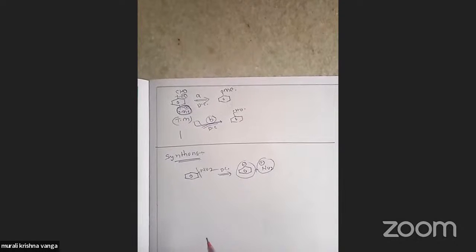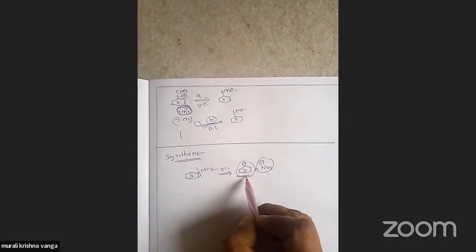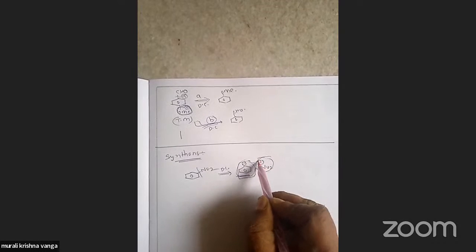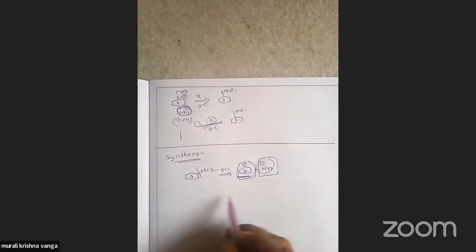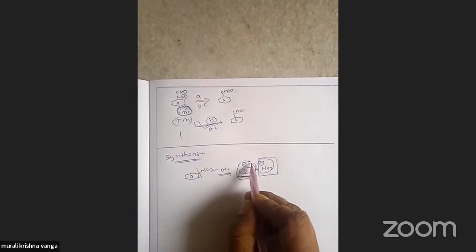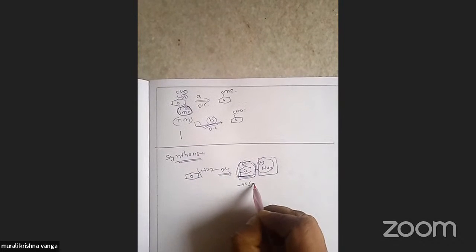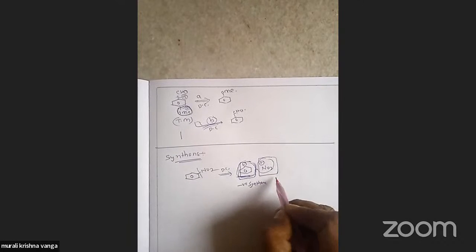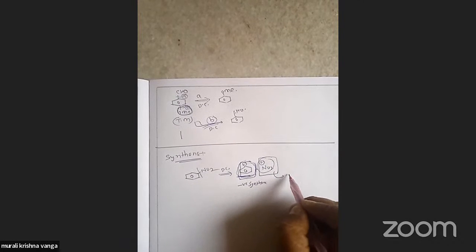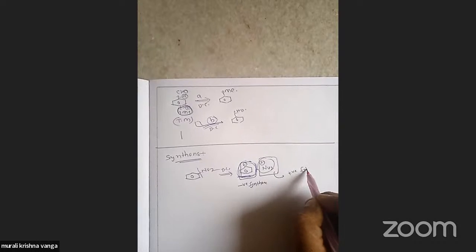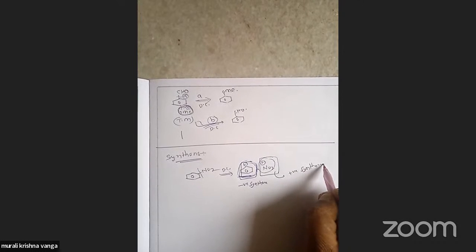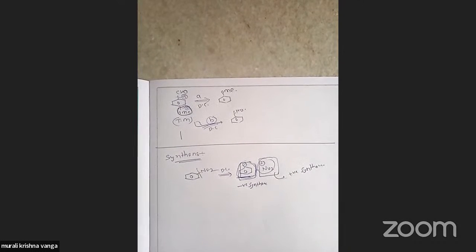The negative charge containing species is called the negative synthon, and the positive charge containing species is called the positive synthon. So synthons are again of two types: negative synthons and positive synthons.